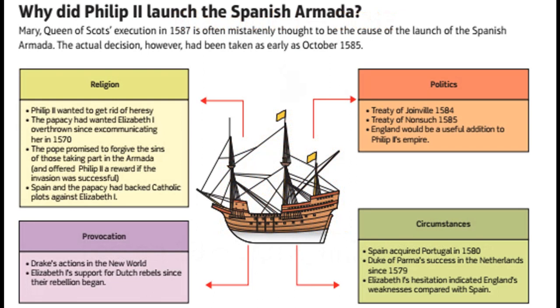On page 12 of your lesson notes booklet, you will find this diagram, which gives an overview of the reasons why Philip II launched the Spanish Armada.